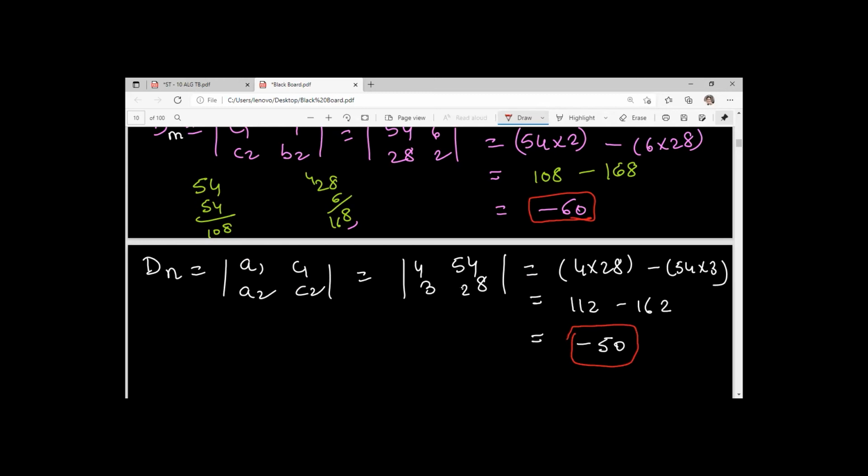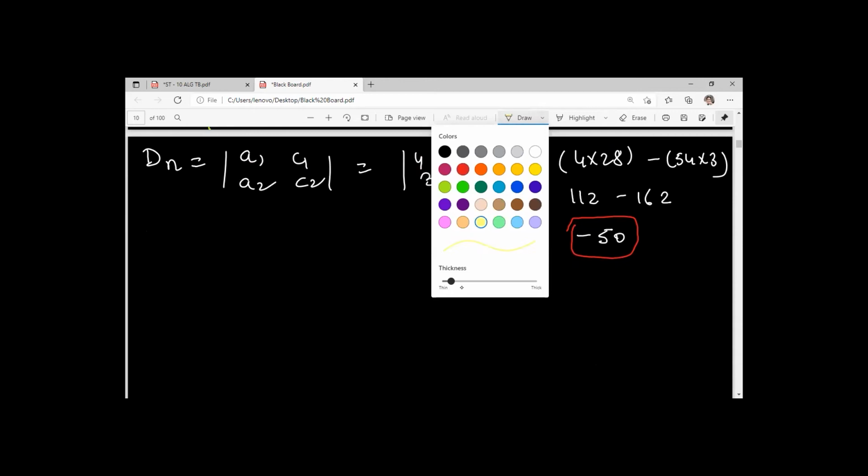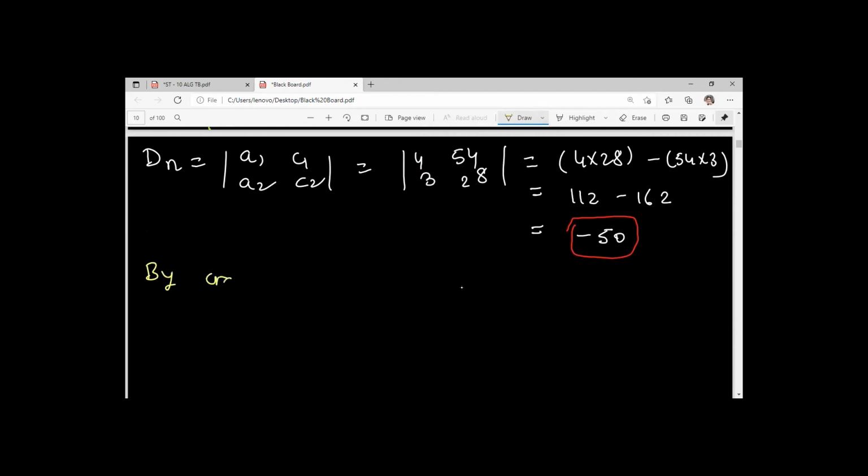Now using Cramer's rule, again be careful once you are using Cramer's rule, do not make any mistake. Cramer's rule. You will get the value of m and n. Mind you student, here there is no x and y, so from where are you finding its value? Here we have m and n. We are having m and n, so dm upon d is equal to -60 upon -10 which is equal to 60 upon 10 which is equal to 6.